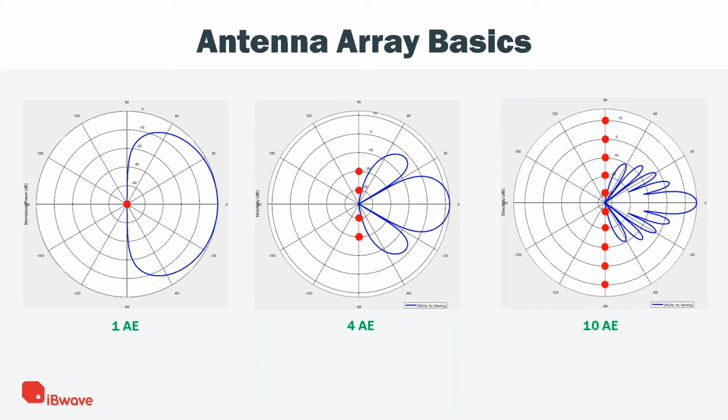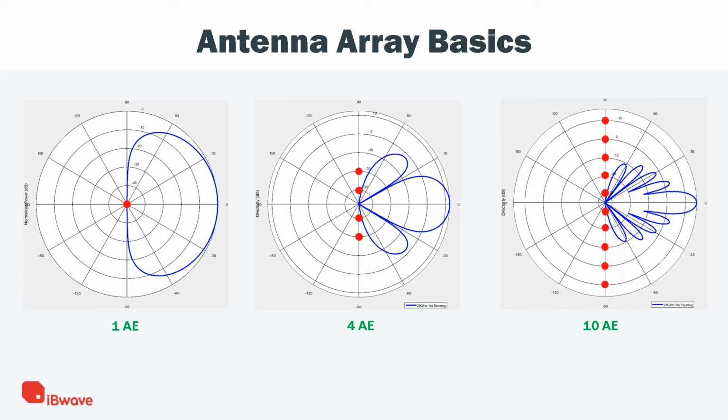So what happens if we add more antenna elements in a straight line? For instance, in the middle of this slide, when we add more antennas, for 4 antenna elements, we can notice, and it can be demonstrated from mathematical modeling, that this beam will be narrower, and we also notice that a side lobe was created.